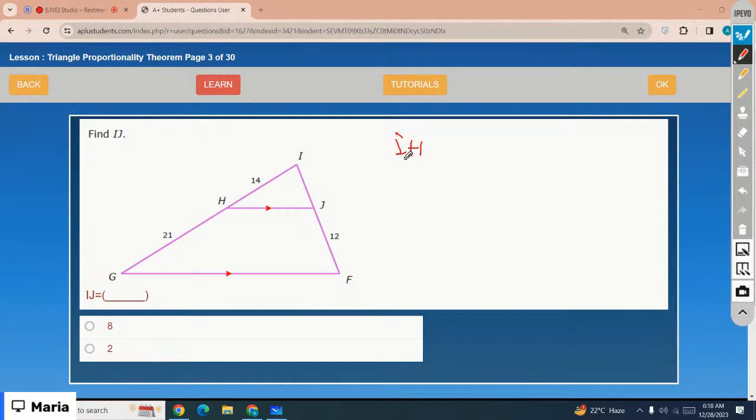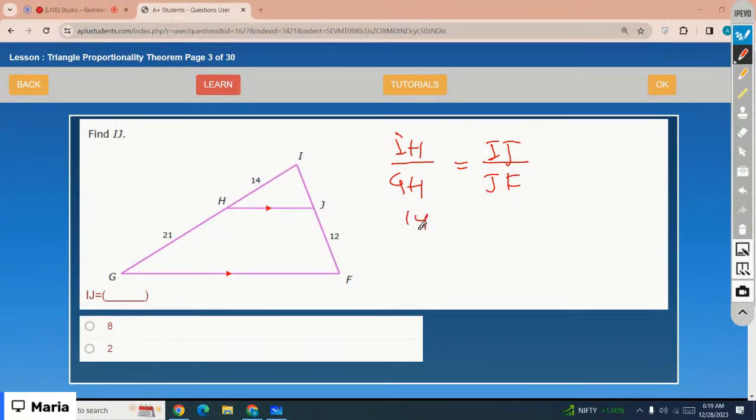IH divided by GH equals IJ divided by JF.